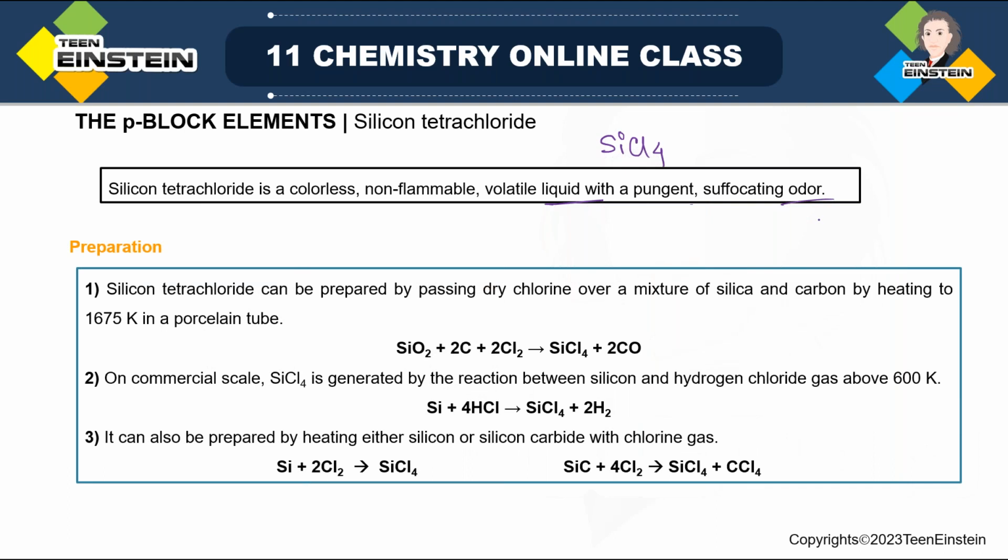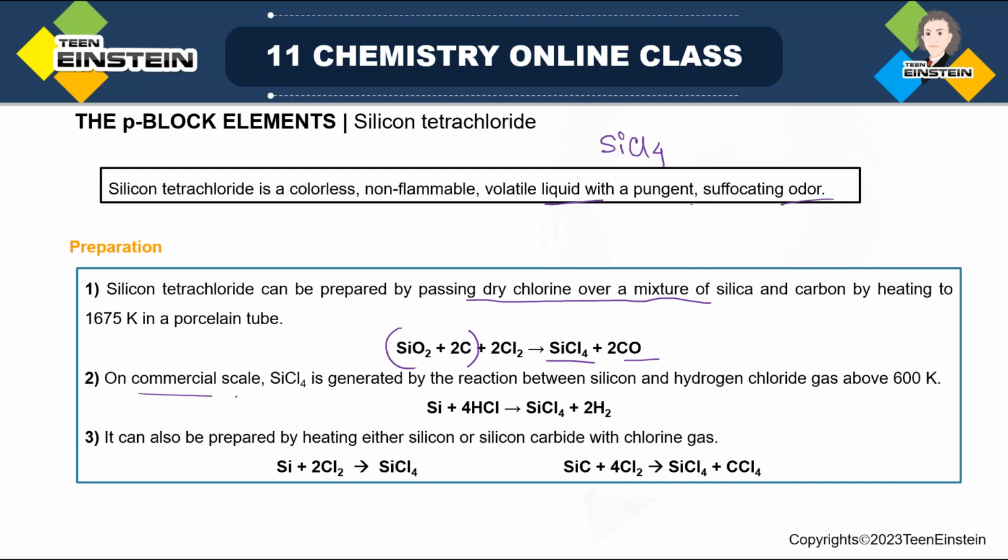How can we prepare SiCl4? Here we can see some methods. We can prepare it by passing dry chlorine gas over a mixture of silica and carbon, SiO2 and C. Chlorine gas is passed over this mixture and there is formation of SiCl4, which we are trying to prepare, and carbon monoxide is the byproduct.